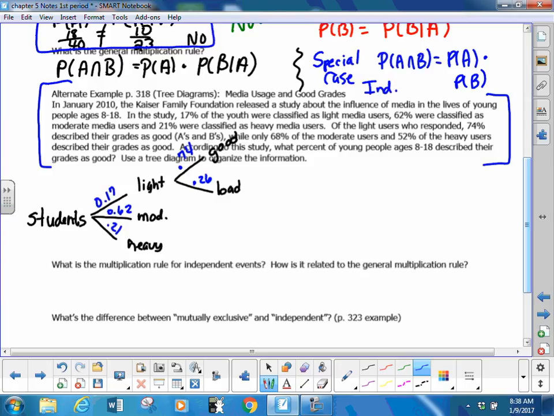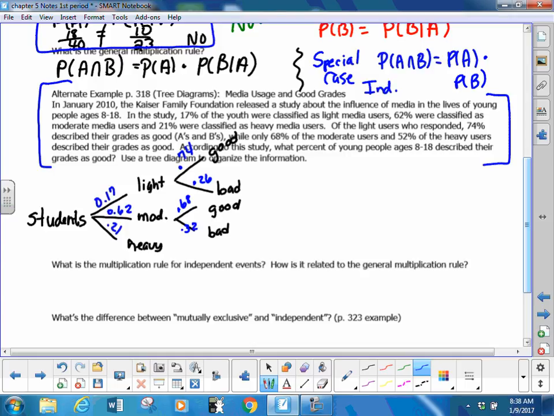Okay, and the moderates, let's see, 68% had good grades. So that's good, and 32% for the bad.